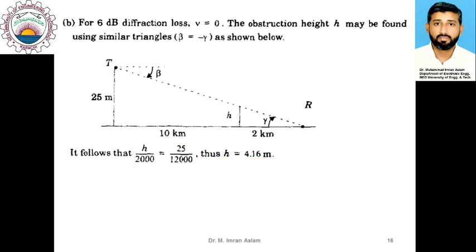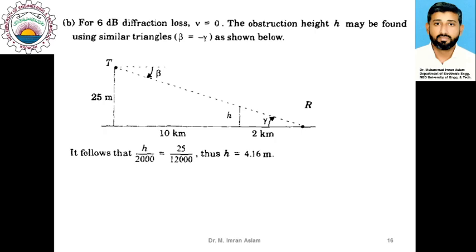The important thing we need to know is that having a clear line of sight is not enough to have lossless propagation. Even if a part of the first Fresnel zone is obstructed, there is a loss encountered during propagation.